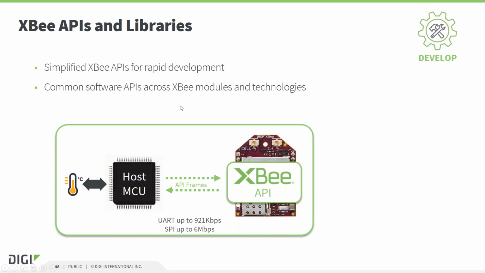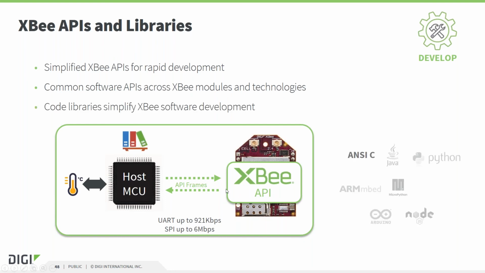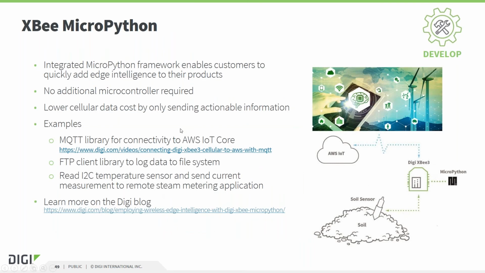Customers that want to connect the module to an external device, such as a microcontroller or embedded system, can leverage existing libraries available for different programming languages to implement their applications. On the other hand, applications running on the XBee module directly can be implemented using the MicroPython programming language, which allows you to add edge intelligence to your products.